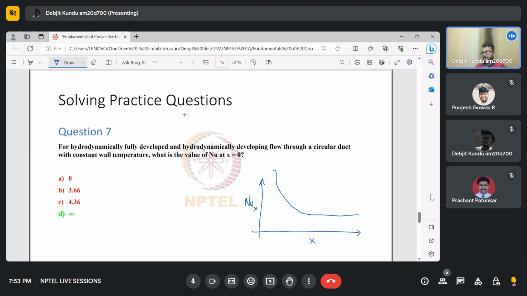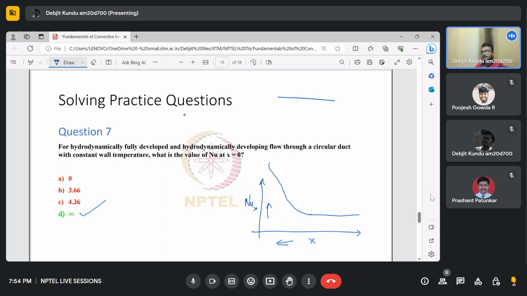And sorry, this last part won't be like this. So this would go something like this. So as x tends to 0, the Nusselt number actually tends to infinity.